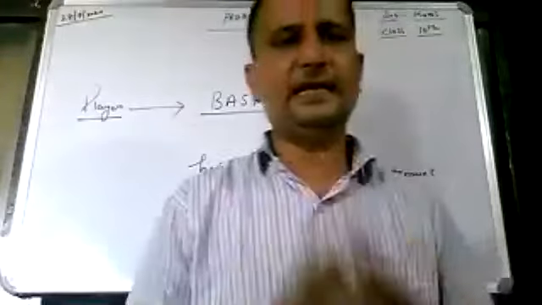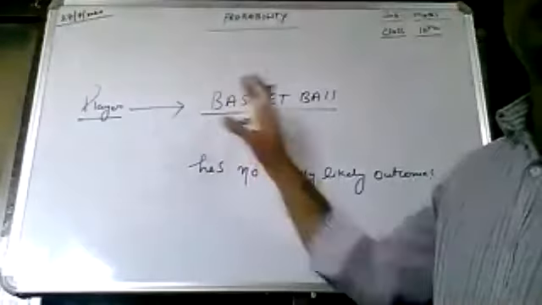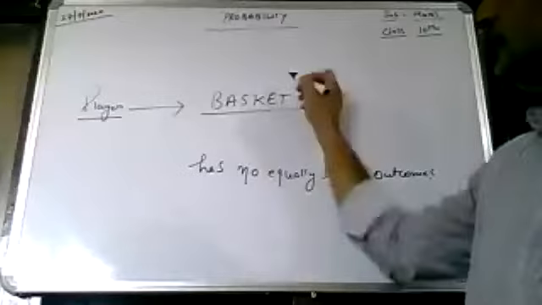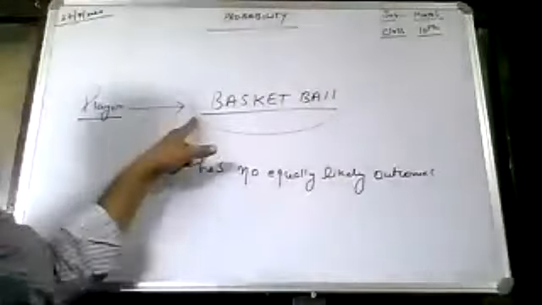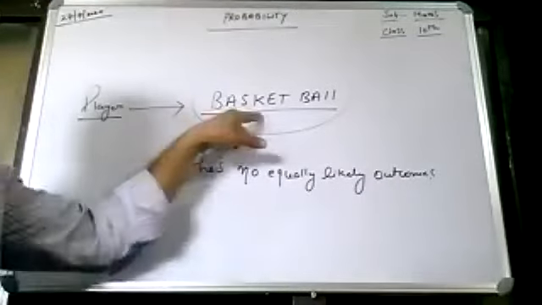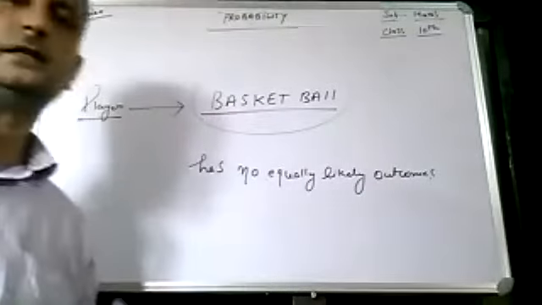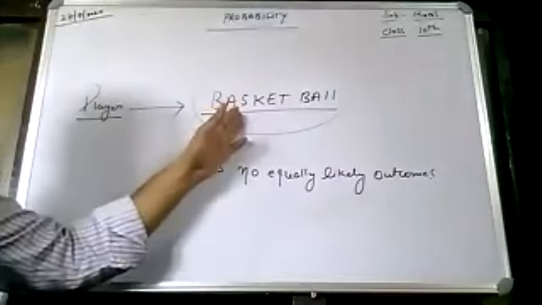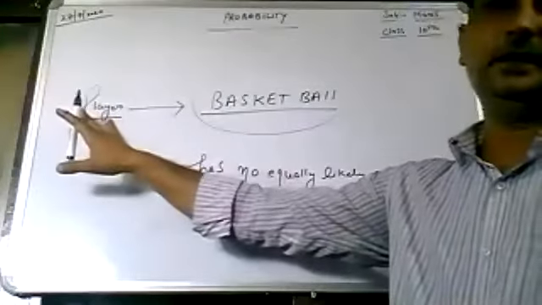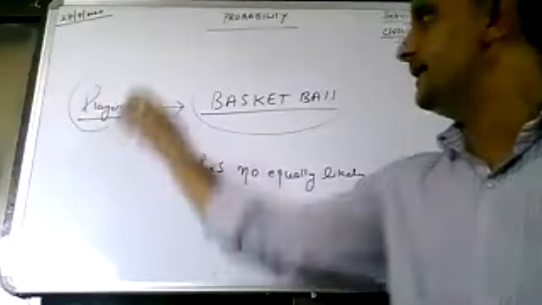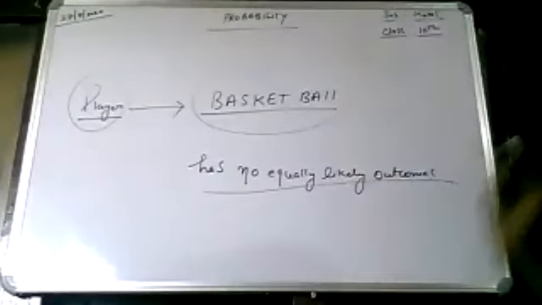Again, it depends upon how expert the player is. Suppose the coach attempts to shoot the basketball, he will put 10 baskets out of 10. Clear? But a person who is new will not put all the baskets in. So it depends how expert the player is. Clear? Did you understand? So again, this has no equally likely outcomes.